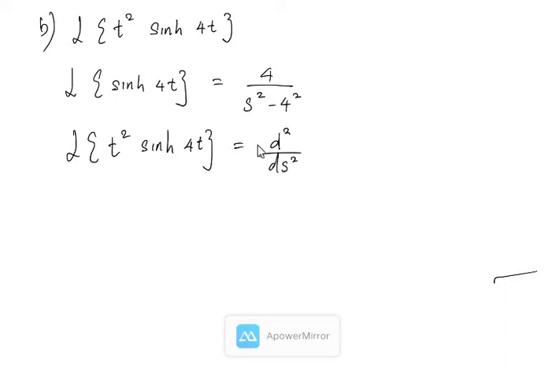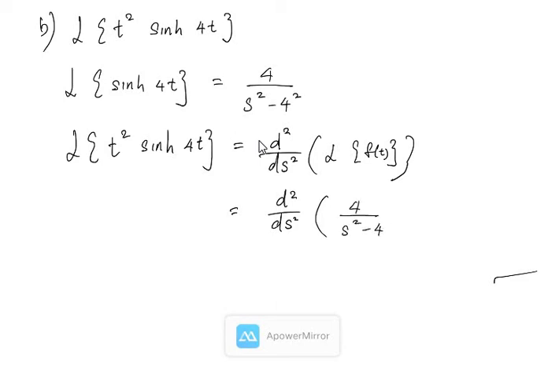For the front part it is (-1) to the power of 2, because t to the power of 2, so it is positive 1, and the derivative of the Laplace transform of f(t). So I get d squared over ds squared of 4 over s squared minus 4 squared.